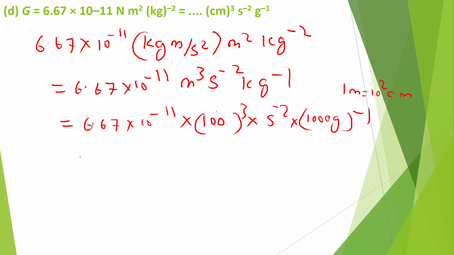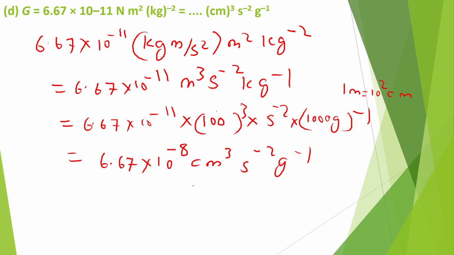So once you do this calculation, you will get 6.67 into 10 to the power minus 8 centimeter cube, second raised to minus 2, gram raised to minus 1.